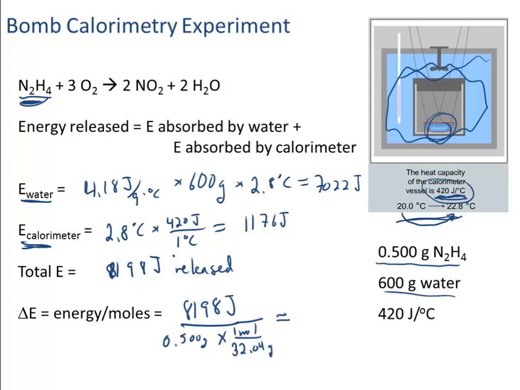And when you do all that, divide it by 5 times, you get 525,000 joules per mole. And you know that it's negative because the temperature goes up, so it's exothermic. So delta E is minus 525 kilojoules per mole of hydrazine reacting.